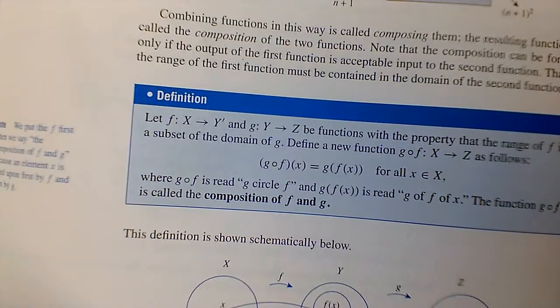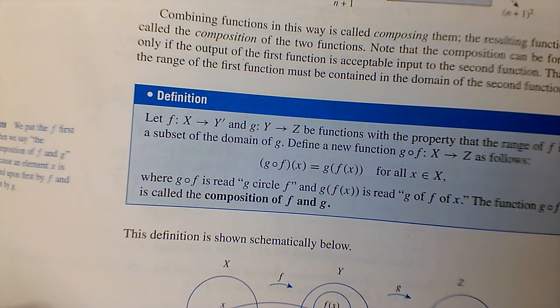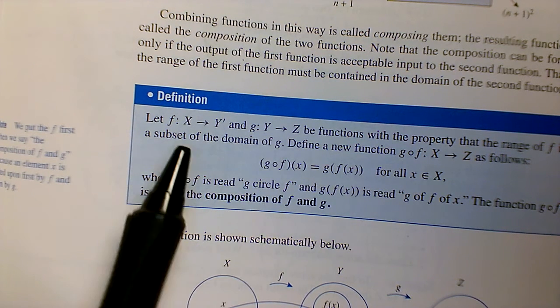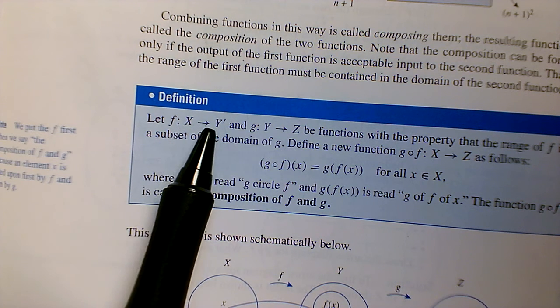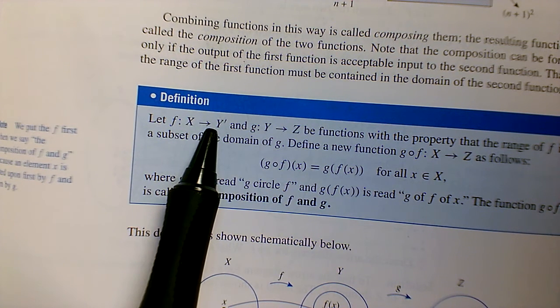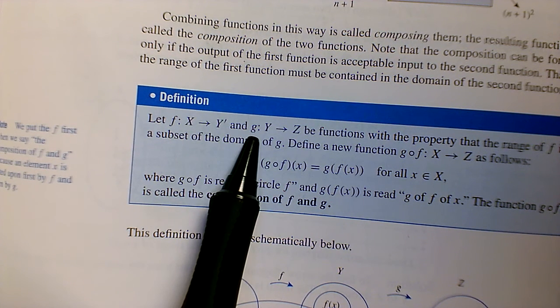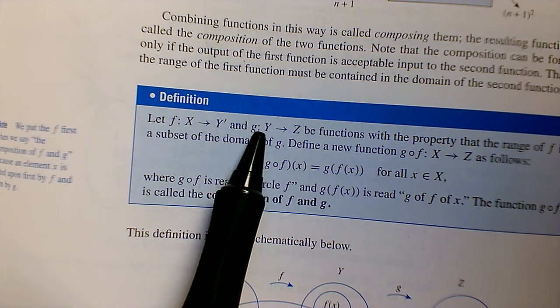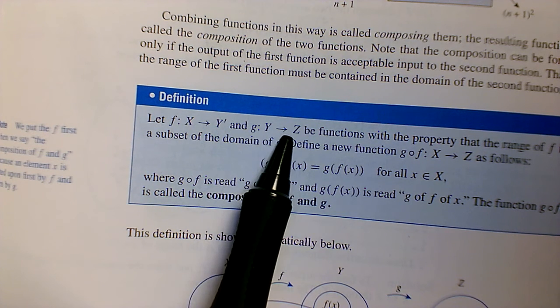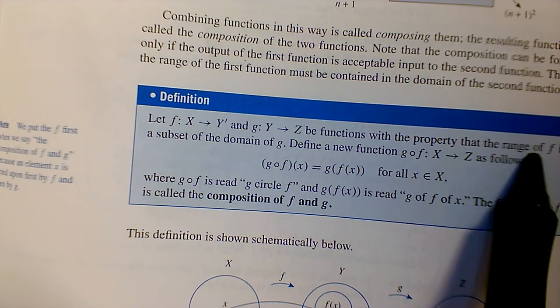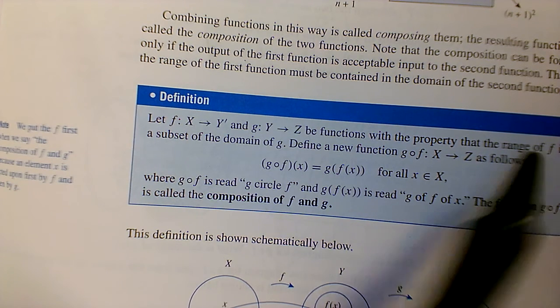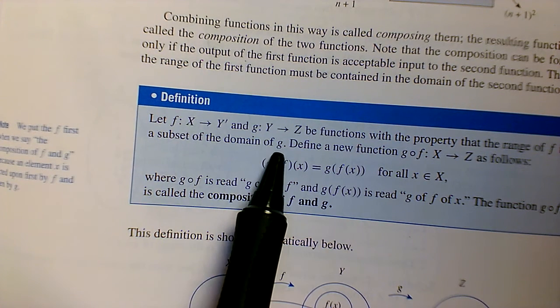The official definition here for functional composition and the operator, which is a circle, says if we have a function f that goes from x to y and a function g going from y to z, they are functions that have a particular property that the range of the f function is a subset of the domain of the g function.